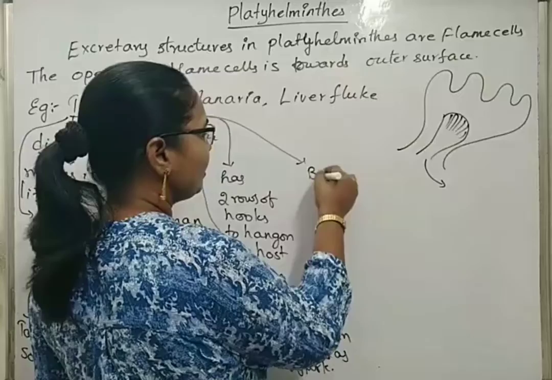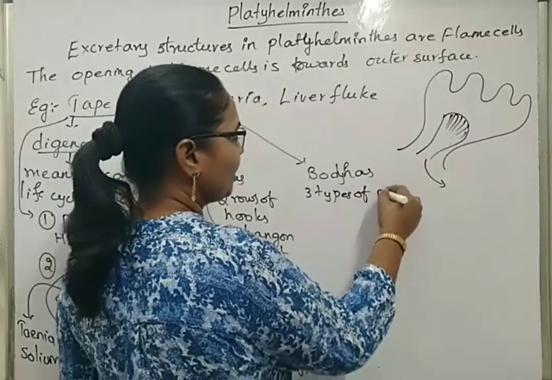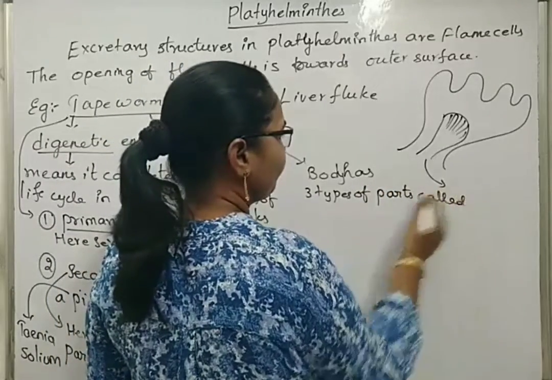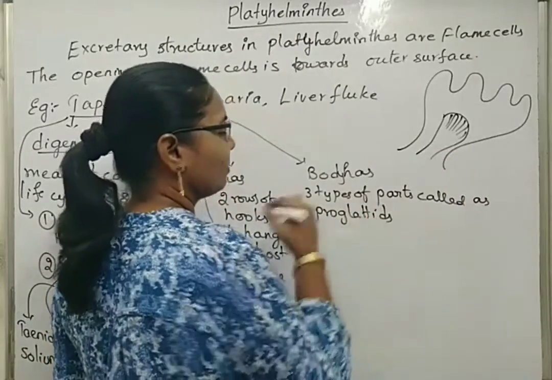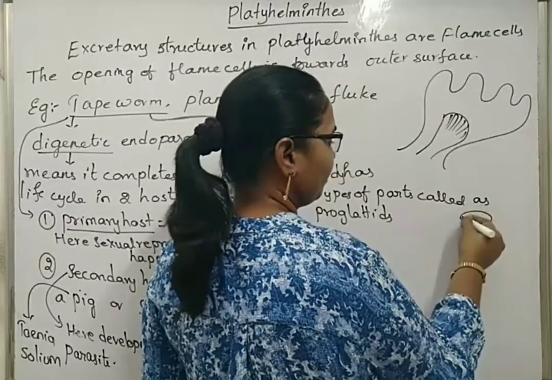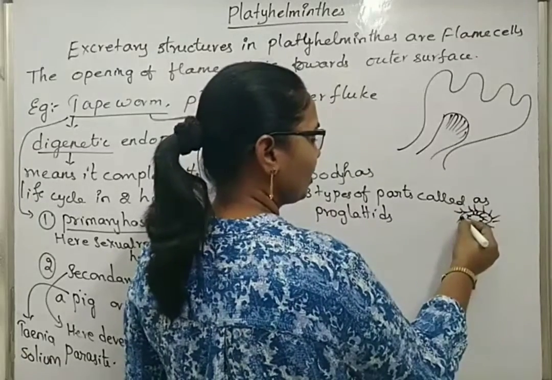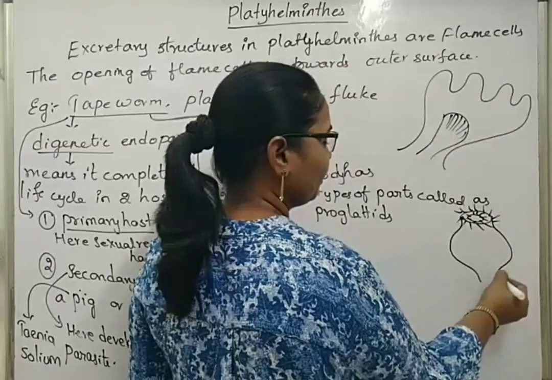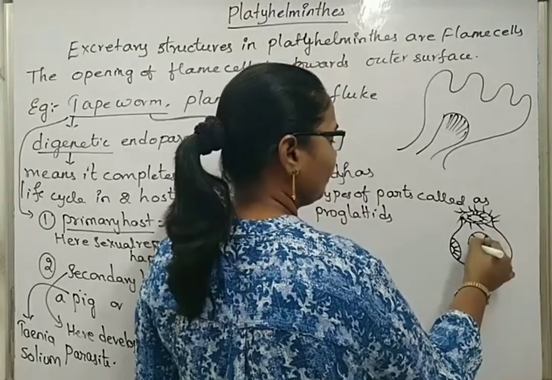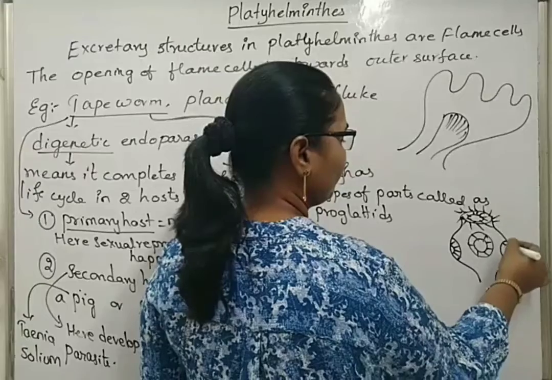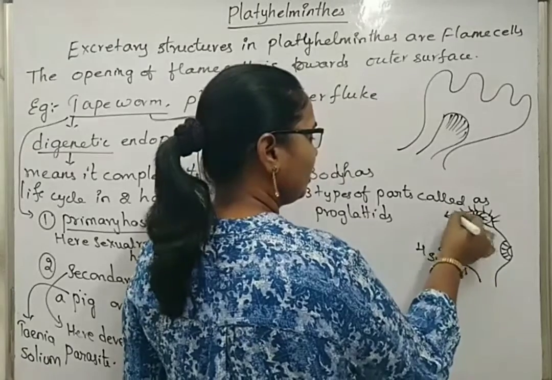The tapeworm body has 3 types of parts called proglottids. Here are the suckers, 4 suckers, and 2 rows of hooks.